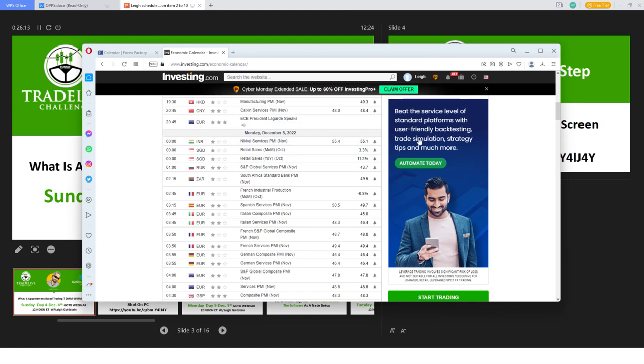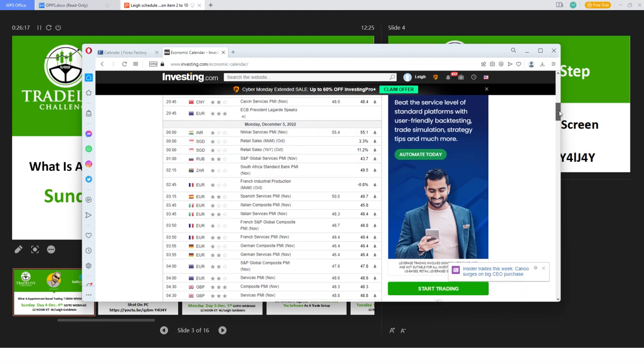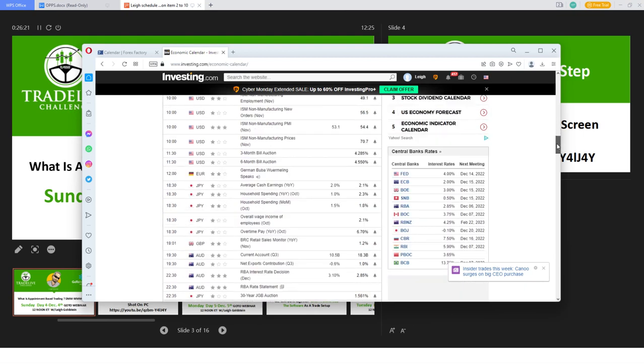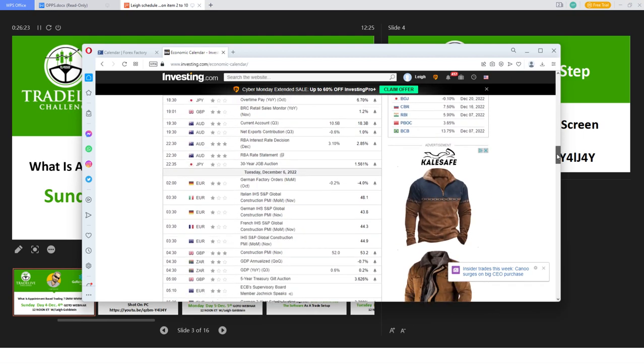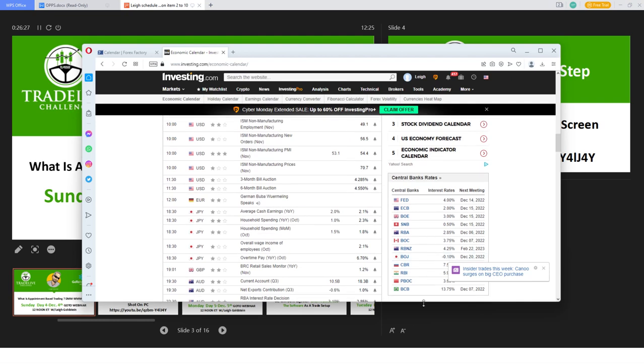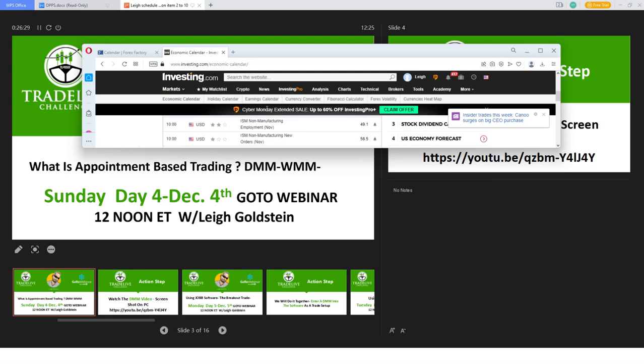So in other words, let's say we're in the trade room and we're trading anything, the ISM non-manufacturing, okay, which we will be trading this week, right here. Over here on the right is the forecast. They'll have a forecast, and then the actual news event will come out. So that helps you to trade the news.